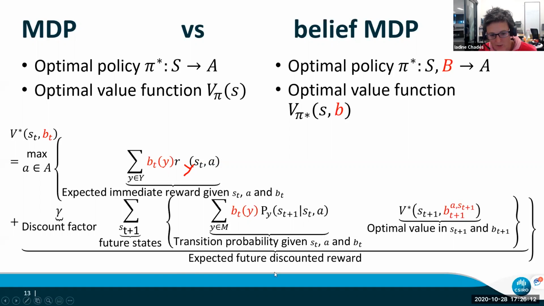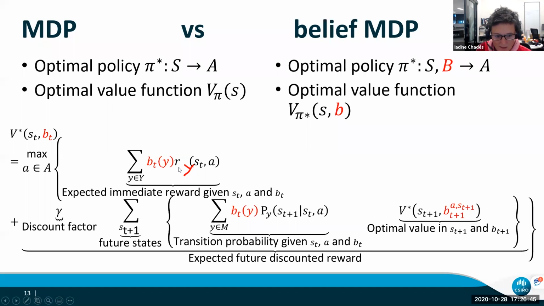And then the second term is the expected future discounted reward. So we want to account for all the future states. So that's a classic. If you remove the BT, the summation over the y, everything that is red, it's the classic MDP Bellman equation. As soon as we include y, we also have to think about what will happen in the future for each model. So this is why we include the transition probability here for each model.